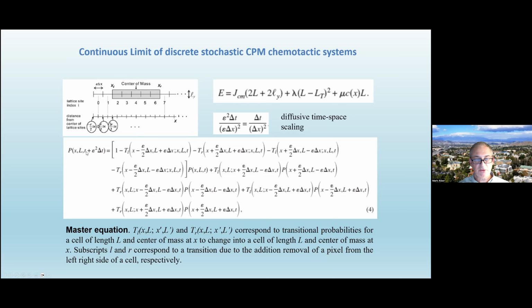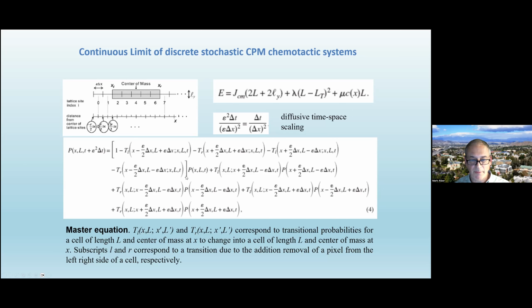So let's introduce time t and the next time point, and the time step is epsilon squared times delta t, because we need to go to the continuous limit. I'm trying to derive the continuous limit for this system. Let's see what kind of equation we're going to get. Suppose that the cell was a little bit longer on this side. There was an additional pixel here, and then it turned into substrate, so it lost one.